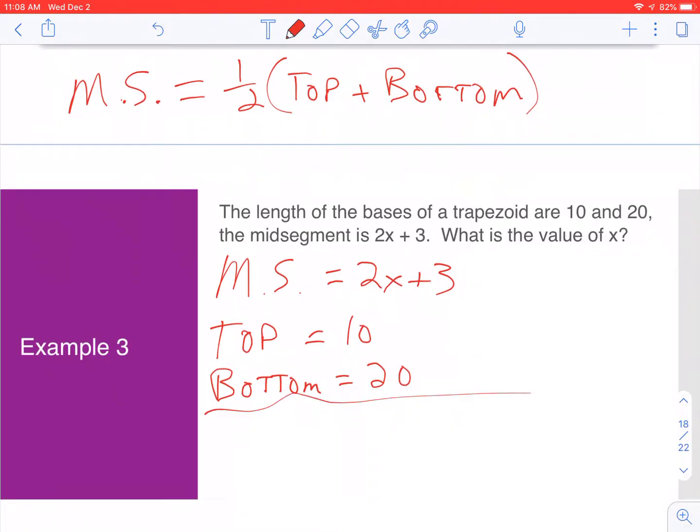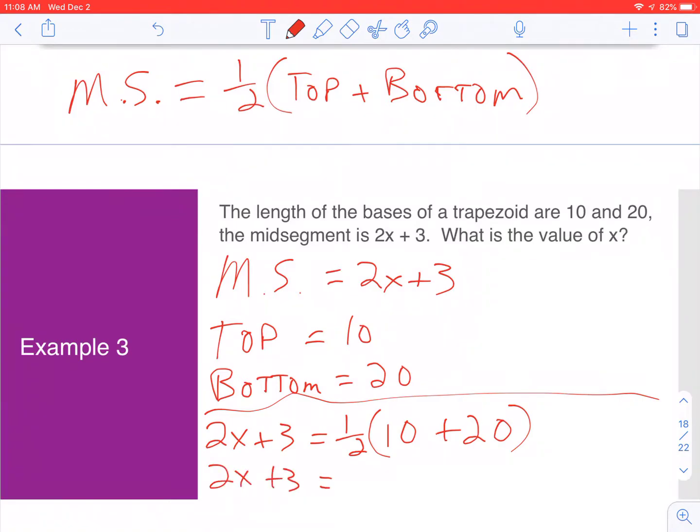So my mid-segment, I'm going to write first, is 2x plus 3 equals 1/2 times the top plus the bottom. 10 plus 20 is 30.